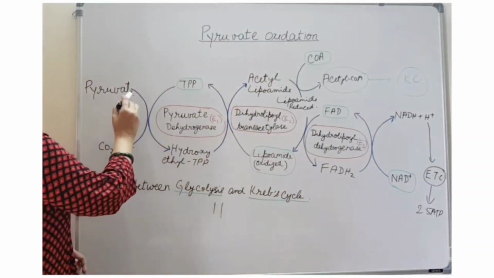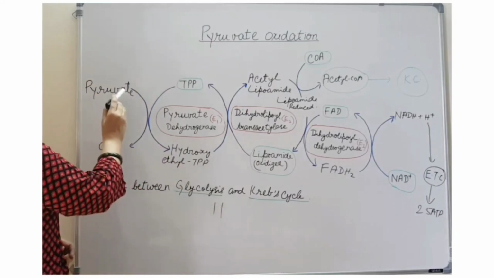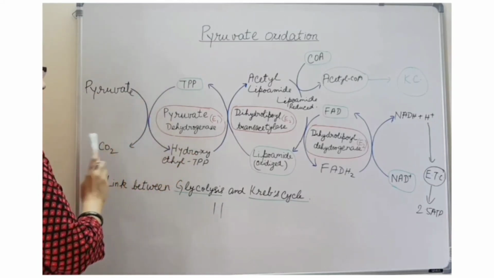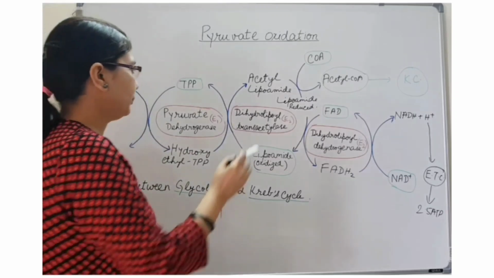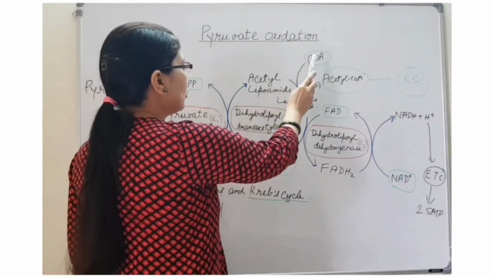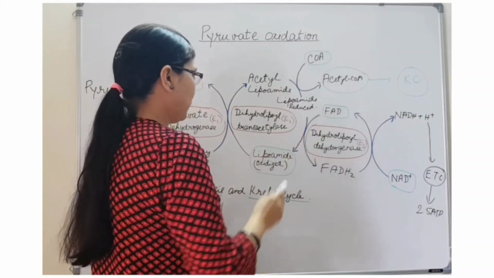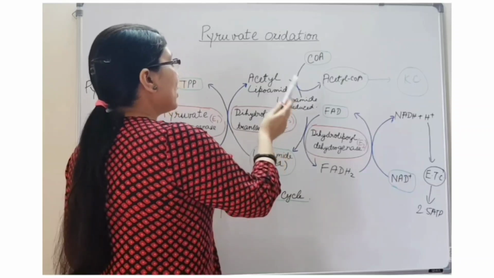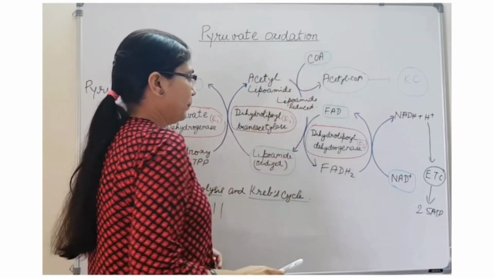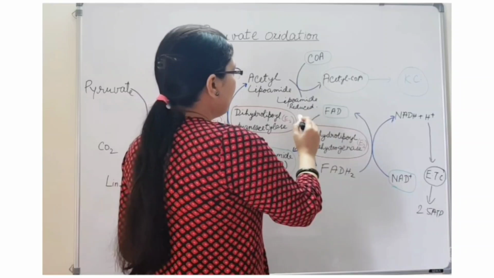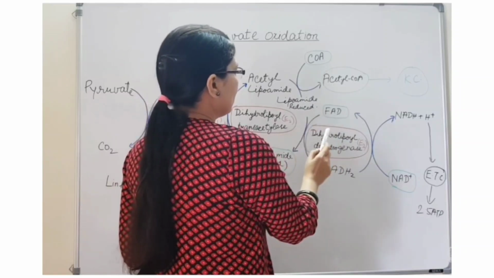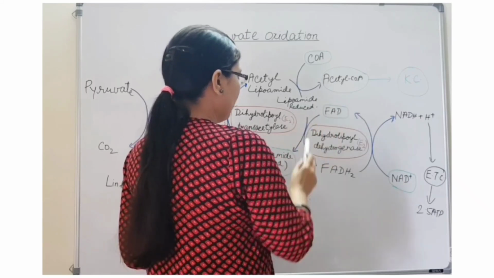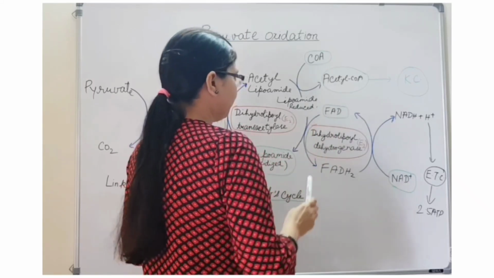Now what are the functions of these individual enzymes? Here we see that CO2 is released from pyruvate. That means decarboxylation of pyruvate is taking place. Thus pyruvate dehydrogenase catalyzes the decarboxylation of pyruvate. In this step, acetyl group is transferred to coenzyme A to form acetyl coenzyme A. Thus, we can say that dihydrolipoyl transacetylase catalyzes the transfer of acetyl group to coenzyme A. Now, here we can see that the reducing equivalent of lipoamide is transferred to FAD and it is self-oxidized.